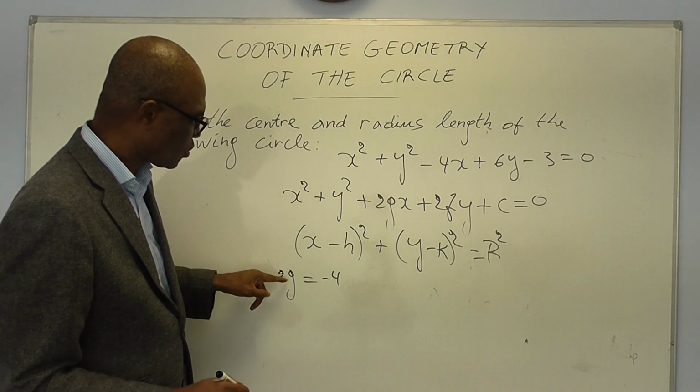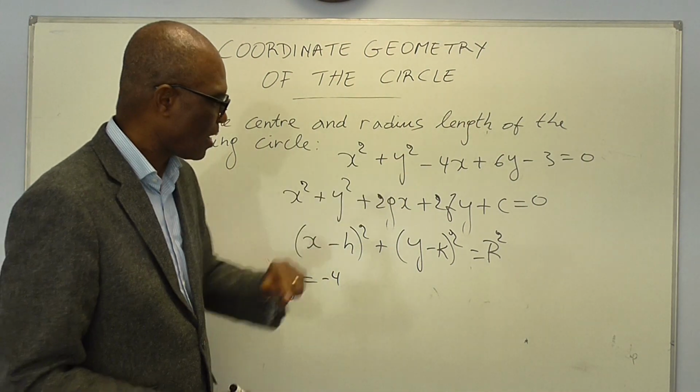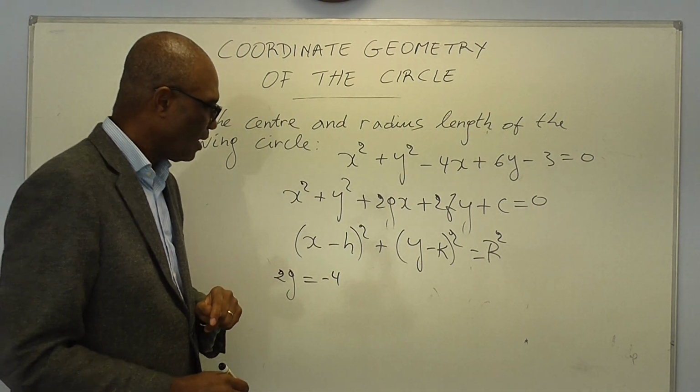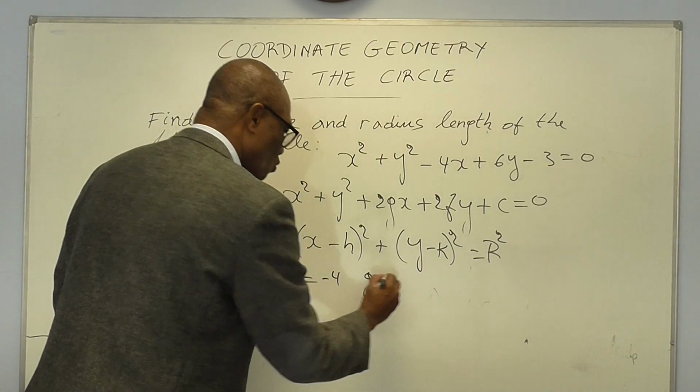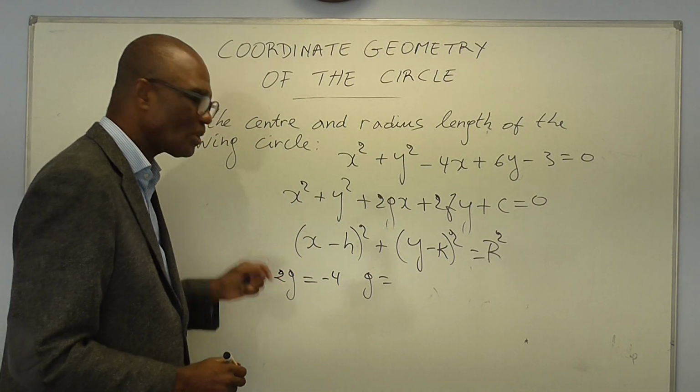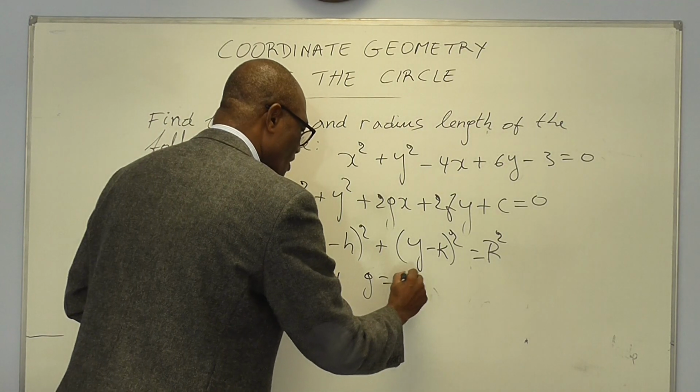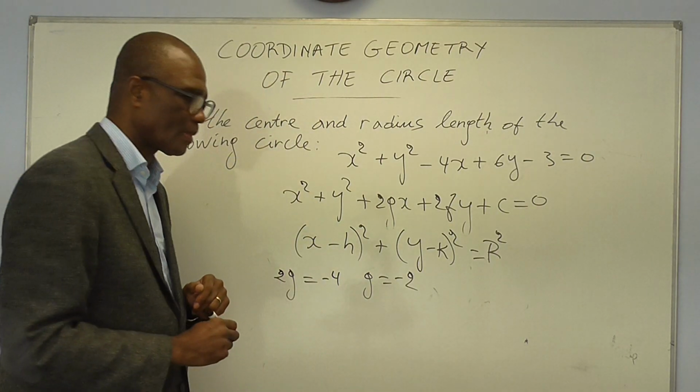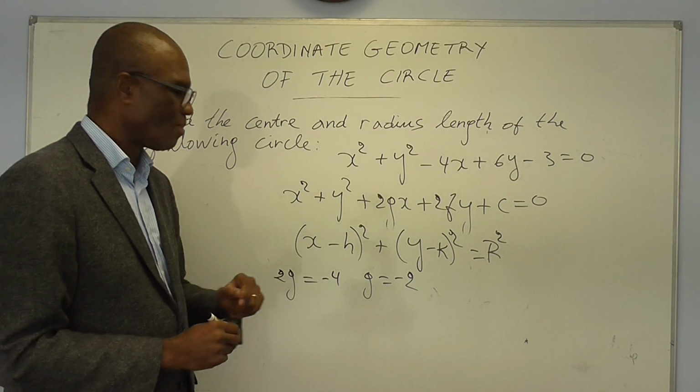So 2g has to be equal to minus 4. That means g will be equal to minus 4 divided by 2. This gives minus 2. So g is minus 2.